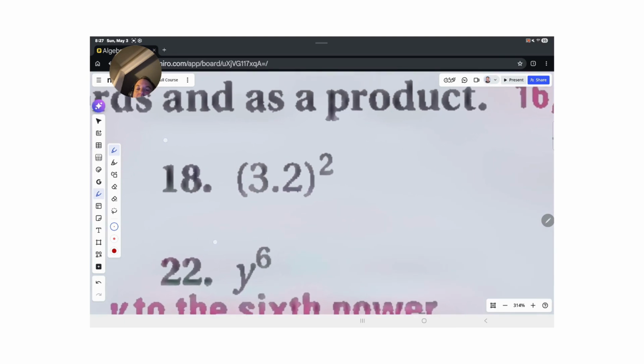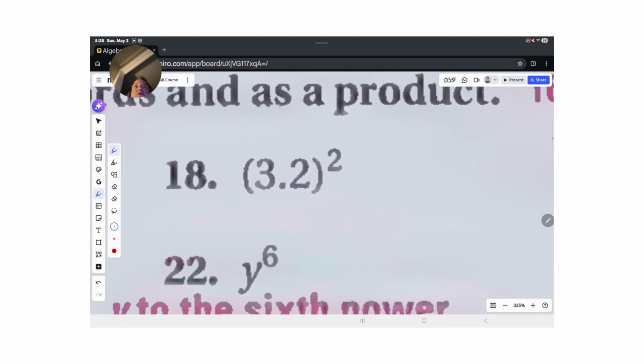18. 3.2 squared, or 3.2 to the 2nd power. 3.2 squared. We can say it either way. Now the base is 3.2 is what's important, not just 3. So we are raising the decimal here to the 2nd power, or squaring it.